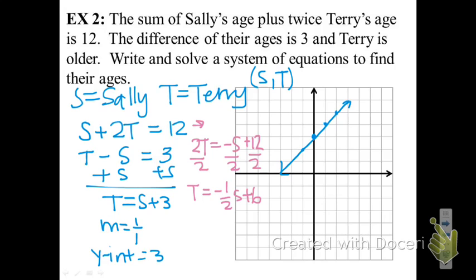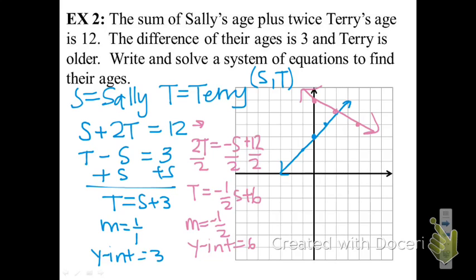My slope is negative 1/2. My y-intercept is 6. So I'm going to start up 6 and then apply that slope, which is down 1/2. And I'm really glad because they intersect right there. Down 1/2, and there's my line.